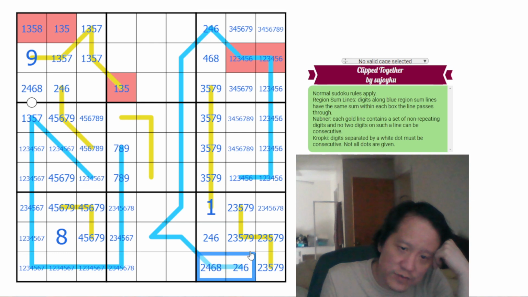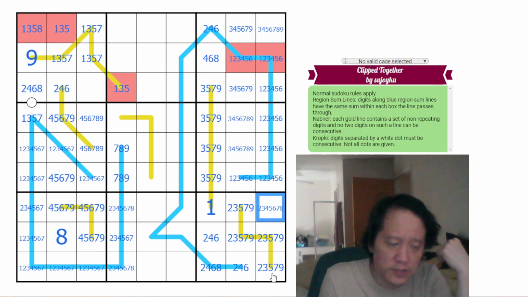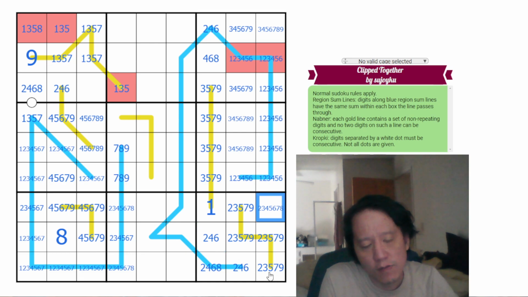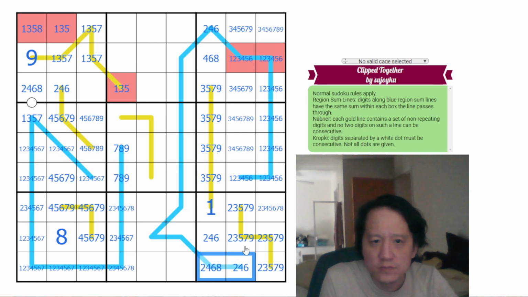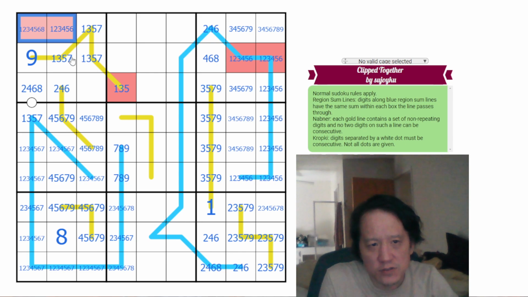So if it's 4, 6, 4, 6, this is 2. So this can never be 2. It could be 4, 8 though. This could be any number, really. 2, 4, 6 also is possible.